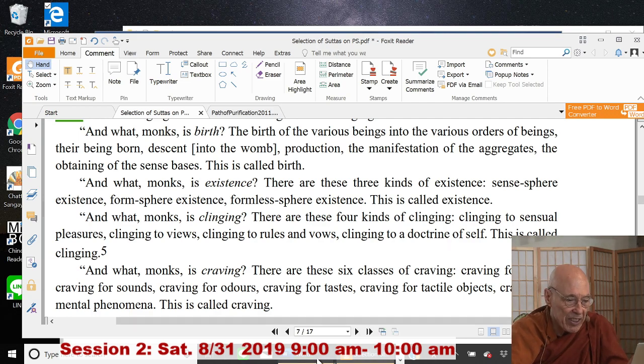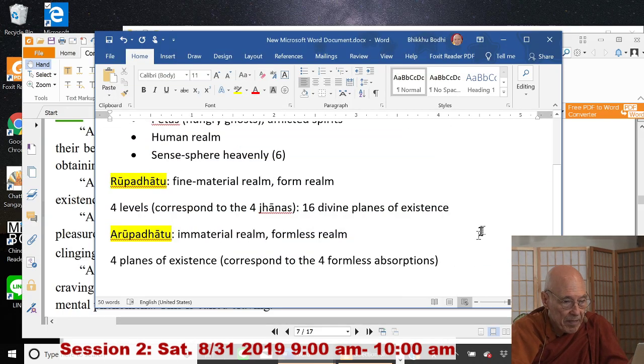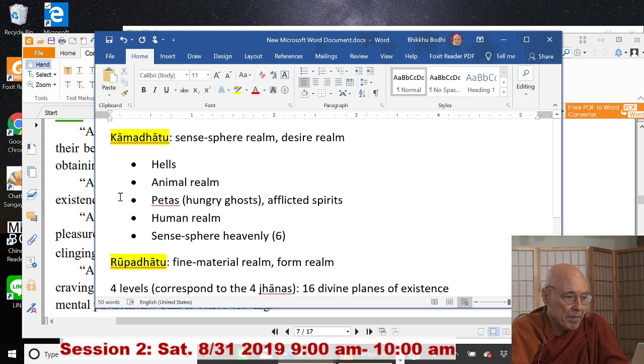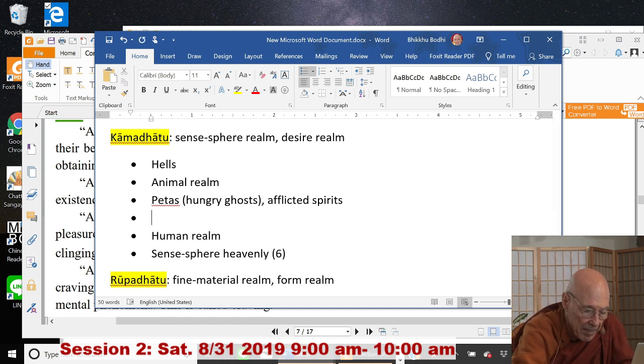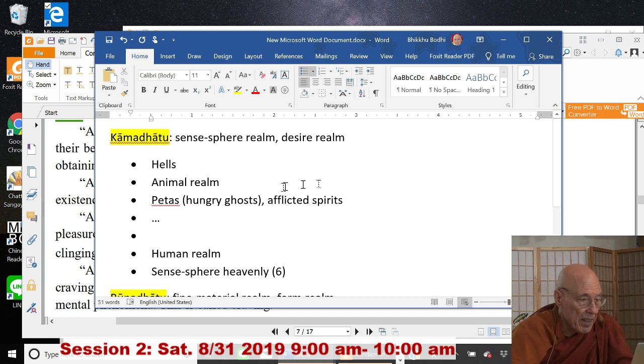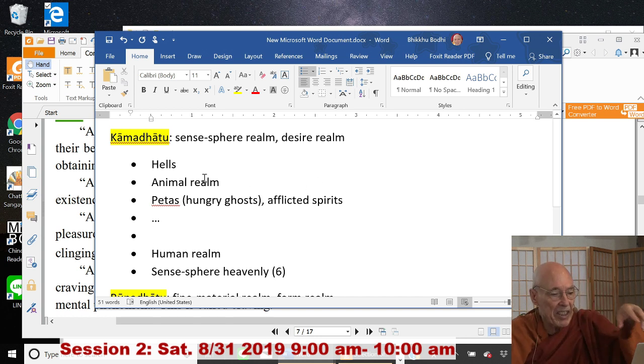So if one has generated unwholesome karma, then the consciousness will be directed towards one of the unhappy destinations in the sense sphere realm.